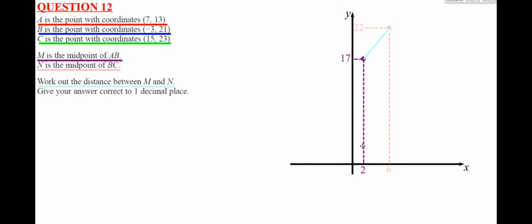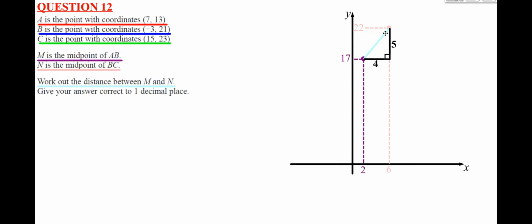Now, what we can do is actually think about how far along we need to go and how far up. So from 2 along to 6 along, horizontally, that's a gap of 4. Vertically, from 17 up to 22, that's a gap of 5. And I've added in a right angle here. Hopefully, you'll identify what to do now. I know that this is a triangle. It's right-angled. I know 2 sides of it, and I want to work out the third side, which is the longest, the hypotenuse.